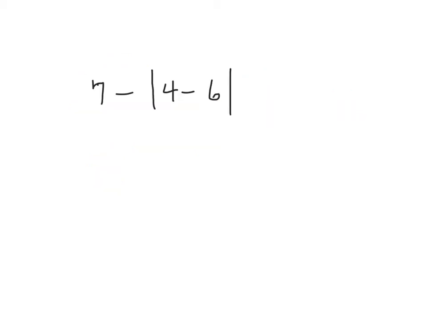Another grouping symbol we have are these parallel vertical lines. That's our symbol for absolute value. And the absolute value is also a grouping symbol. This expression would tell us to do 7 minus the absolute value of what's in here. 4 minus 6 is negative 2. When we take the absolute value of negative 2, that actually means that number's distance away from 0, and the absolute value of negative 2 would be 2.